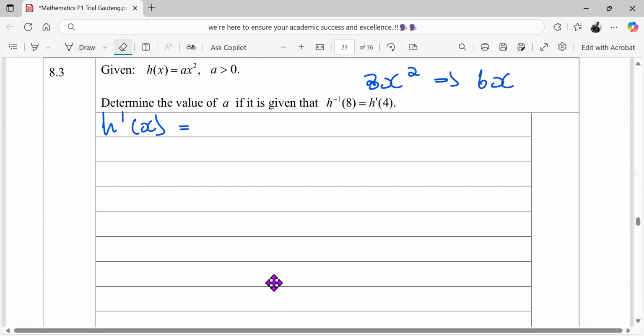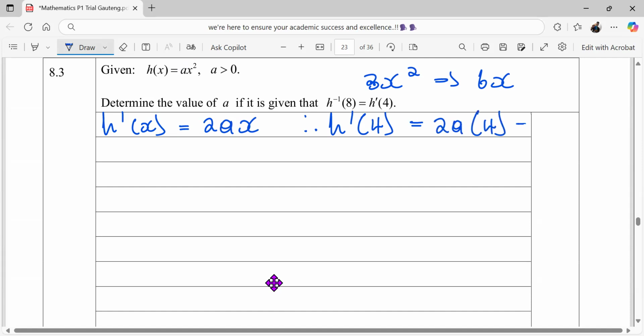Similarly, the derivative of ax squared will just be 2ax, which means that the derivative at x equals 4 is simply going to be 2a times 4, which is simply going to be 8a. There's a mark for saying this, even if you didn't know the whole thing. But logic tells you to find these things first and then equate them together. It's not as bad as it looks, no?